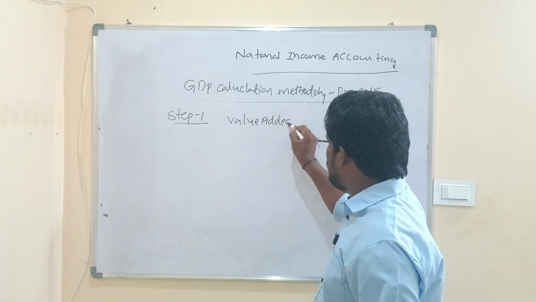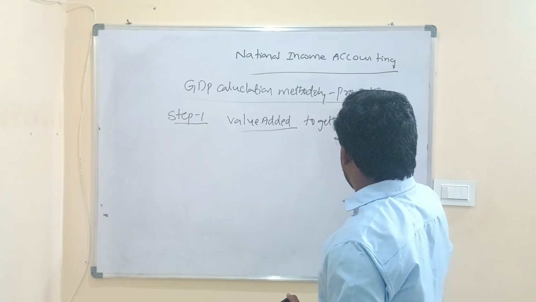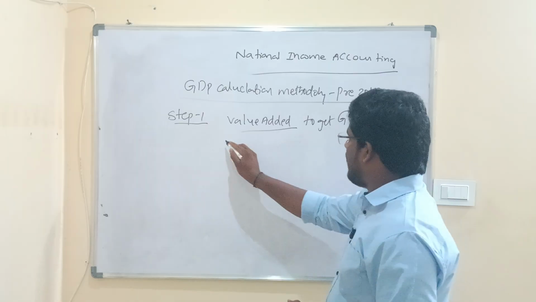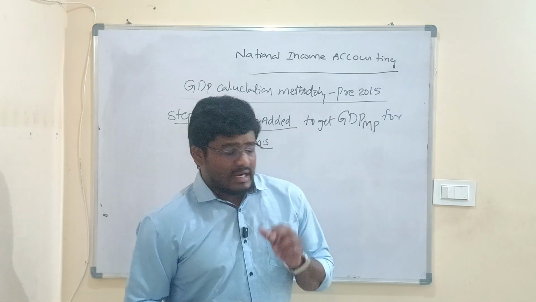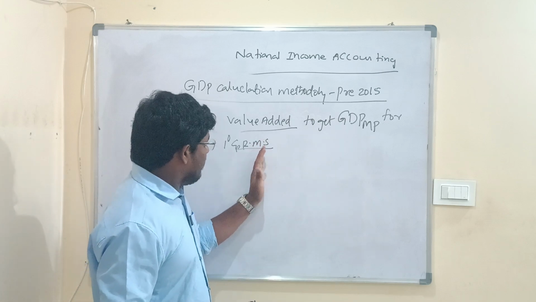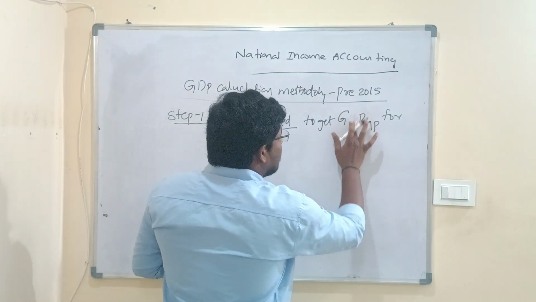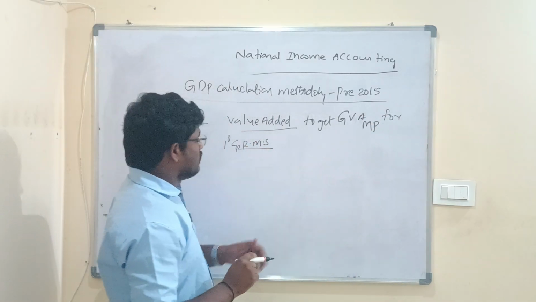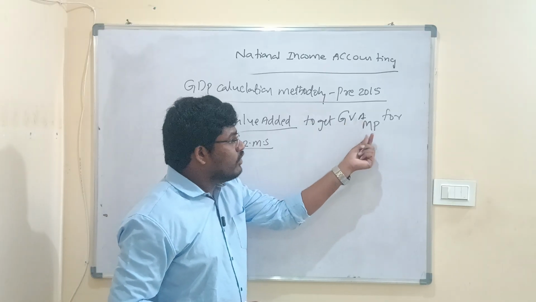The value added method is used to get GDP at market price for the primary and registered manufacturing sectors. For the primary sector and registered manufacturing units, the value added method gives not GDP but gross value added at market price. So we use the value added method for gross value added, which is valued at market price.